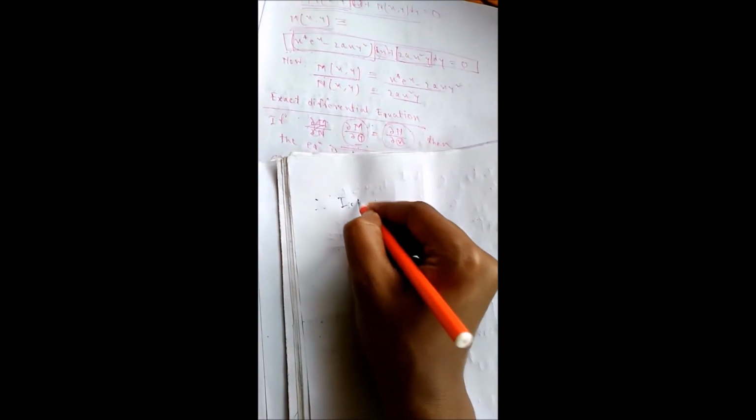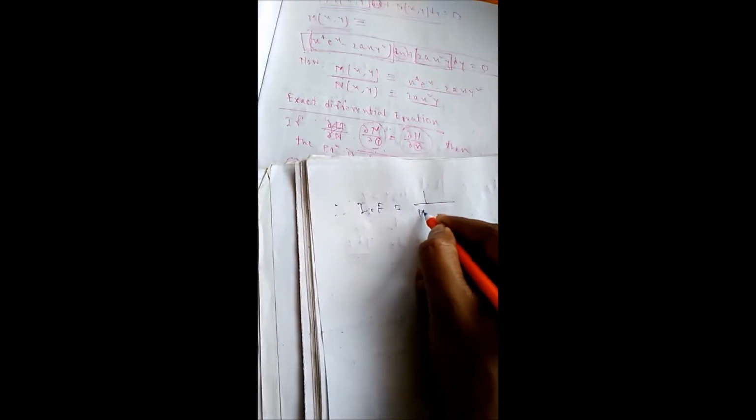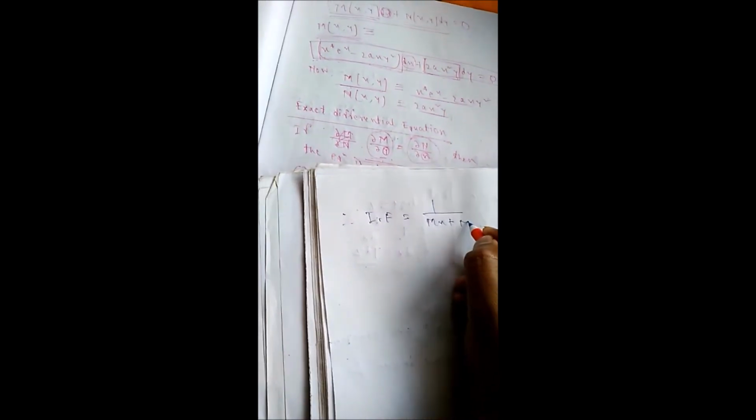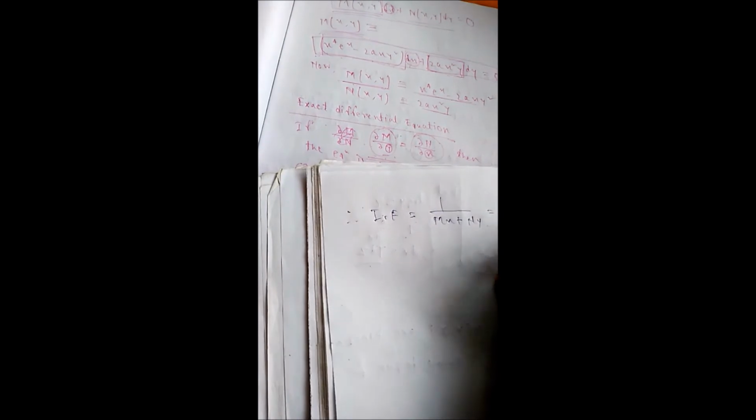Here it cancels out, and x to the power 5 is not equal to 0. Now we apply the integrating factor 1 by mx plus ny, which is equal to 1 by x to the power 5. It is the integrating factor.